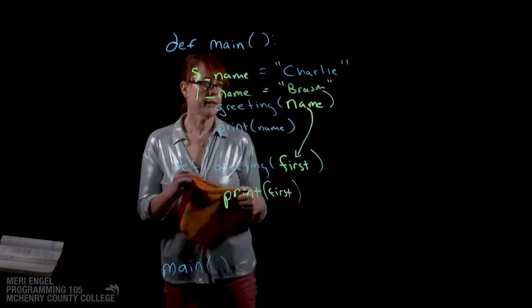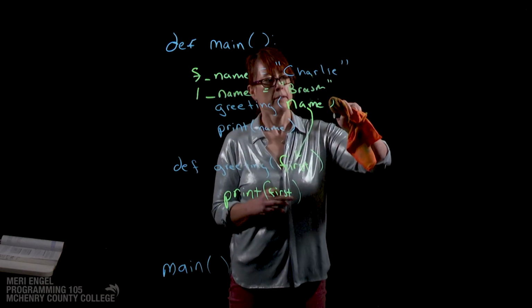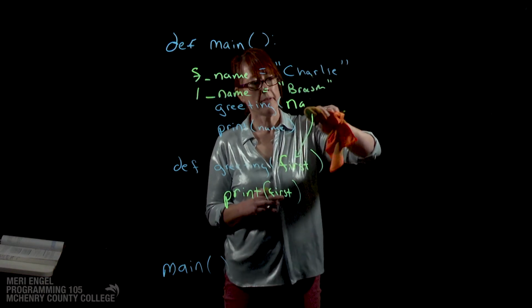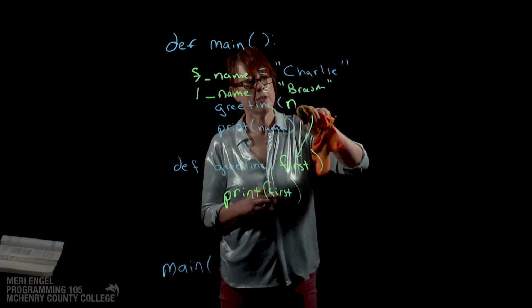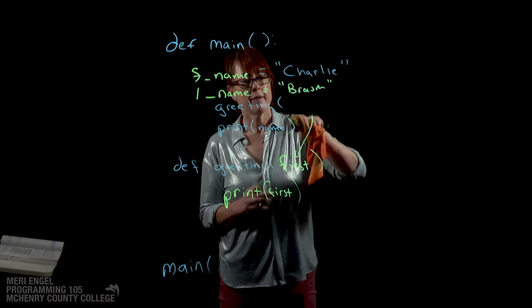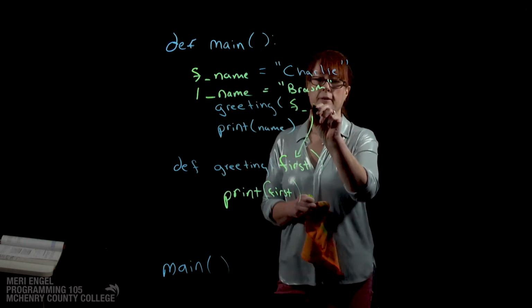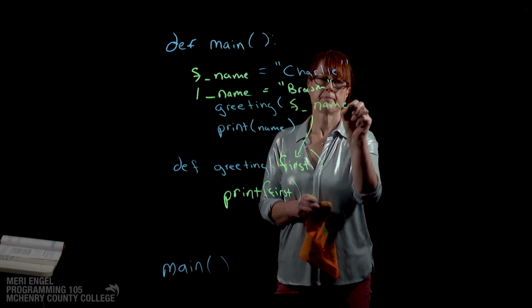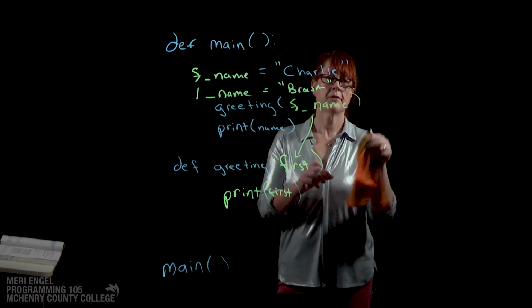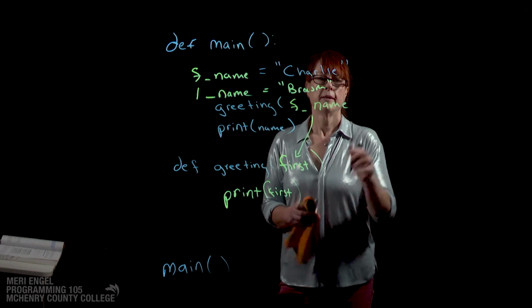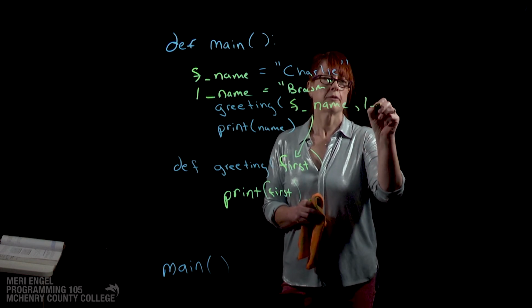And when I call greeting, I will now pass those two variables. So I will send it F underscore name, and I will also include with a comma L underscore name.